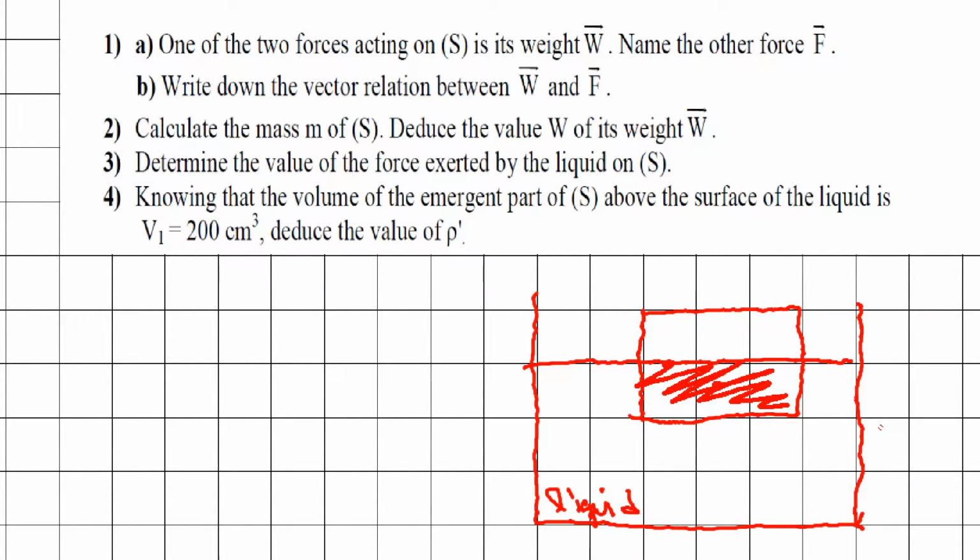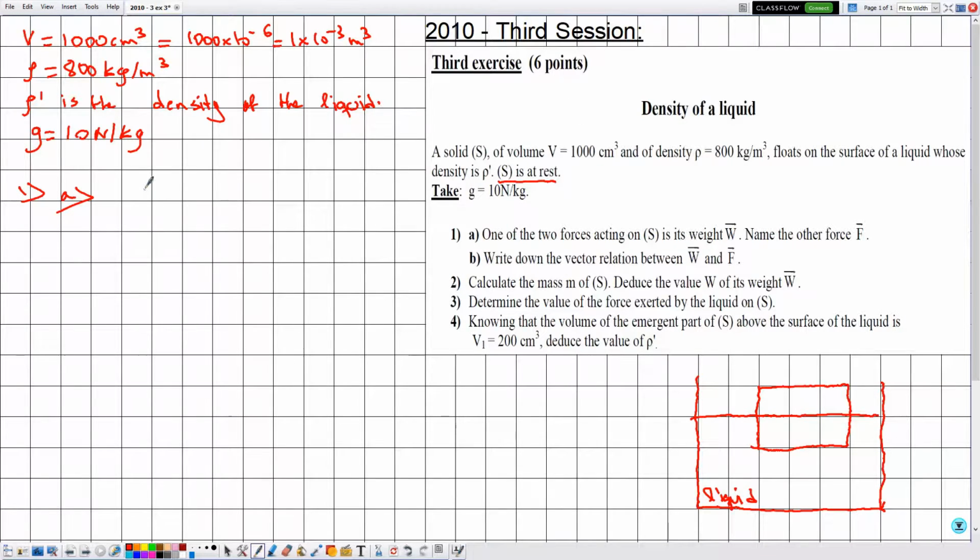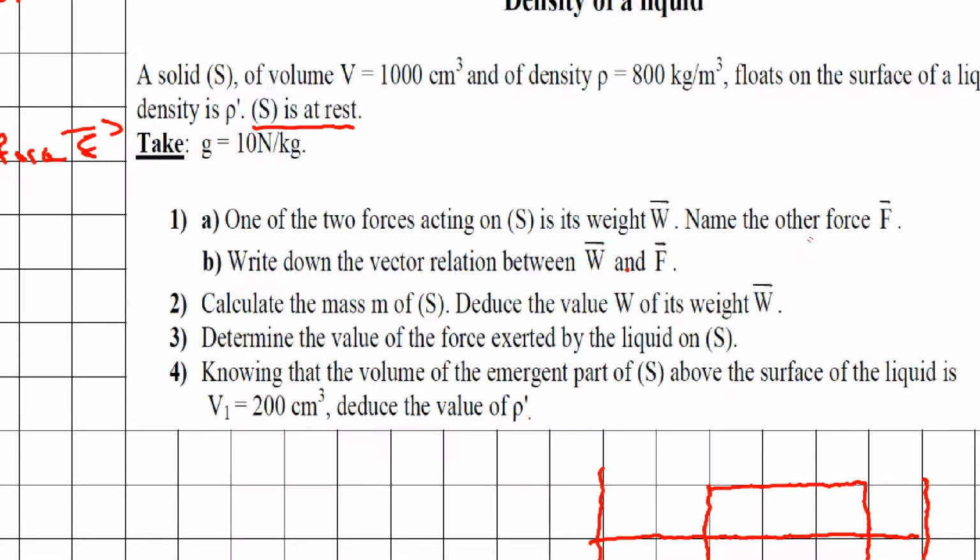So F will be acting on the center of gravity here, vertically upward like this, because this is the immersed part and this is the center of gravity of the immersed part. Then let's say that the other force is given by Archimedes upthrust force, F vector.